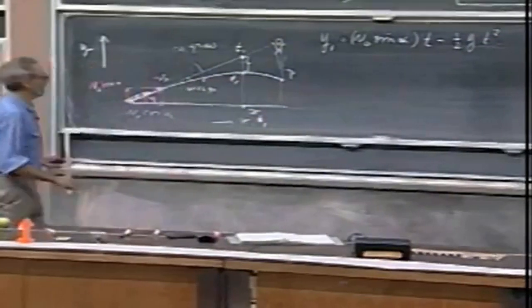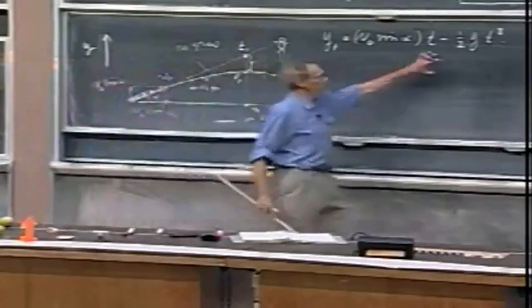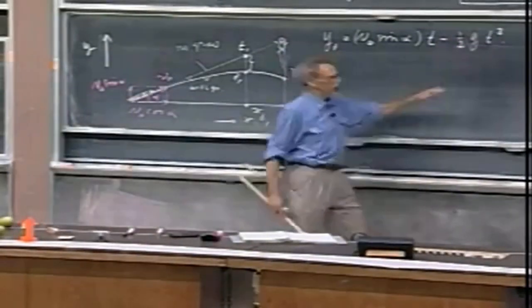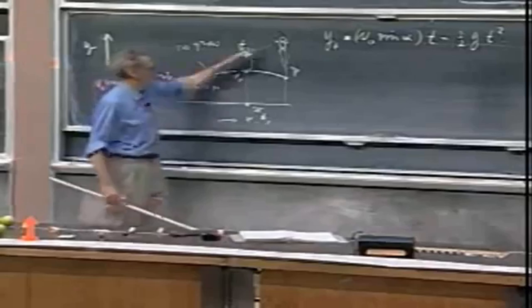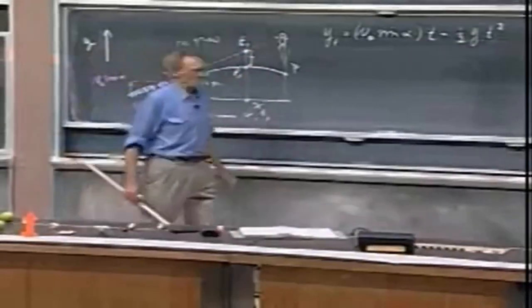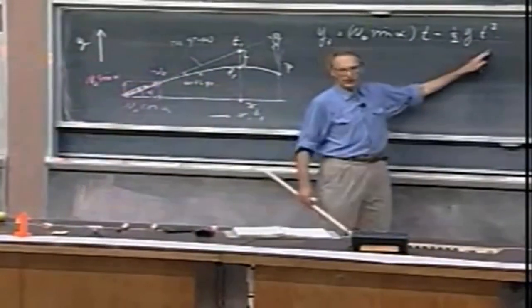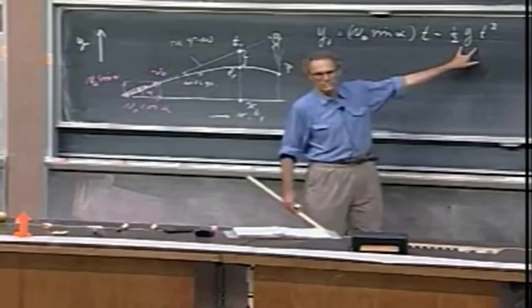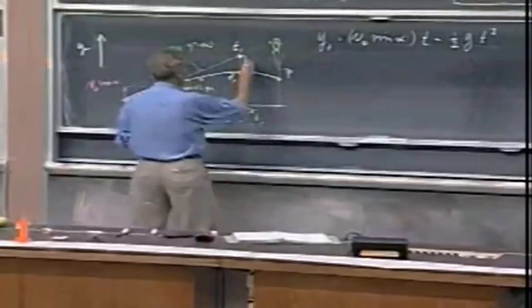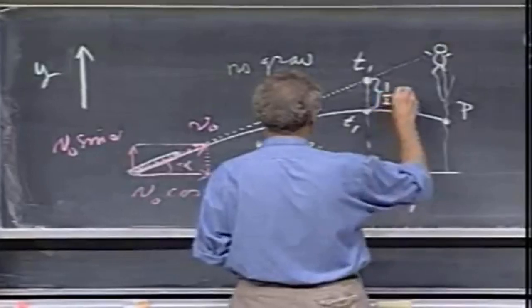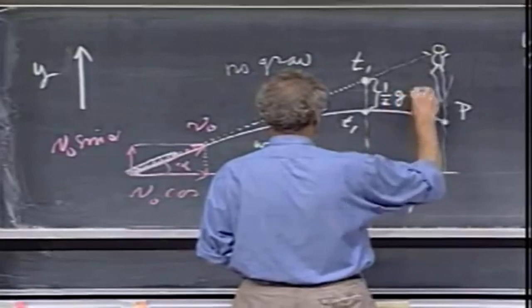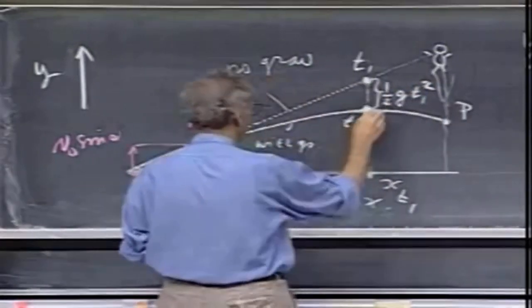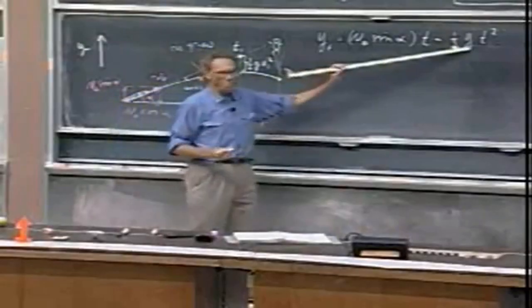Well, if there is no gravity, this term doesn't exist. So that's this straight line. With gravity, it's the same thing, but you have to subtract this. Therefore, this distance is 1/2 g t1 squared. That is this distance, because this curve is lower by this amount.